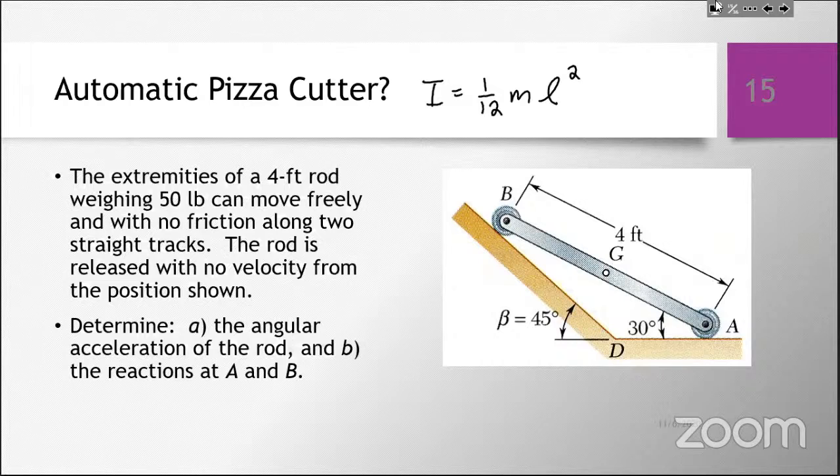Question? So pounds goes to pounds mass, right? So divide by gravity.